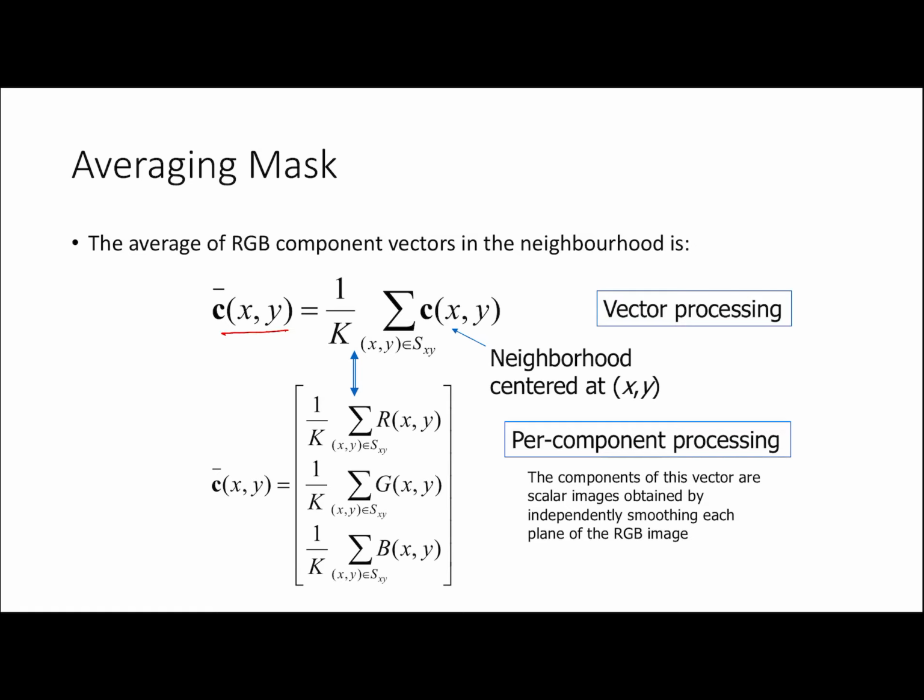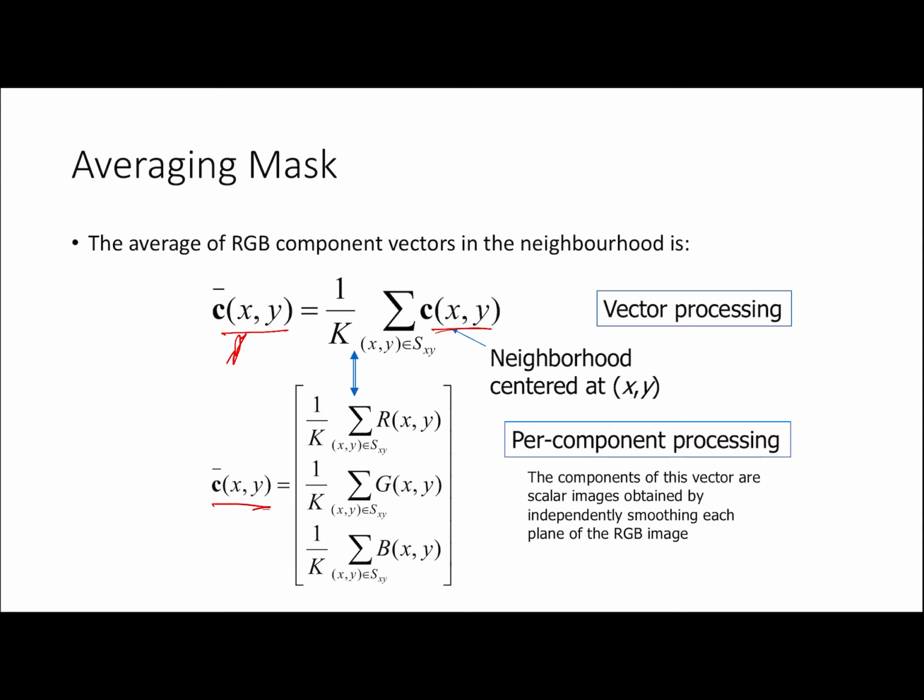So for smoothing, in a smooth image the color component C bar xy will be given by 1 over k summation of Cxy, where this Cxy is actually a vector having 3 components in the RGB space.